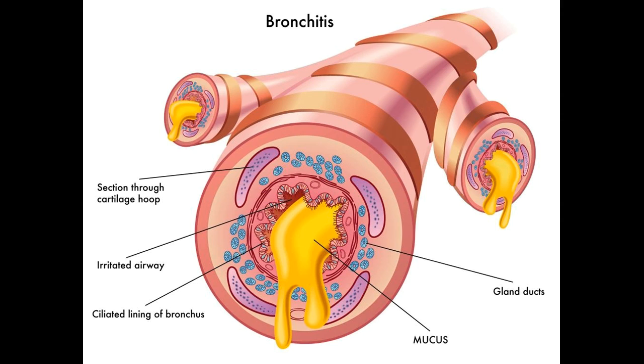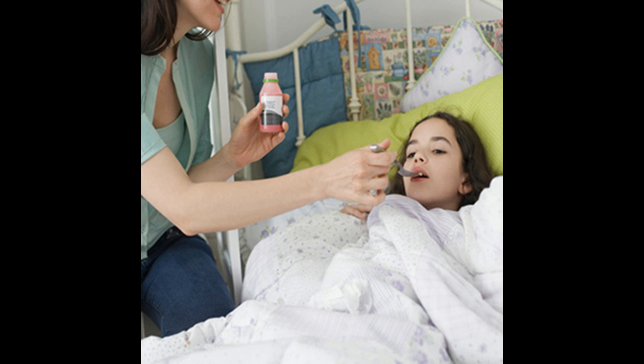The primary symptom of acute bronchitis is a cough. Other symptoms may include sputum production, sore throat, nasal congestion, headache, muscle aches, and fatigue. Children with acute bronchitis may have symptoms of a runny nose, mild fever, and cough up sputum or vomit mucus.